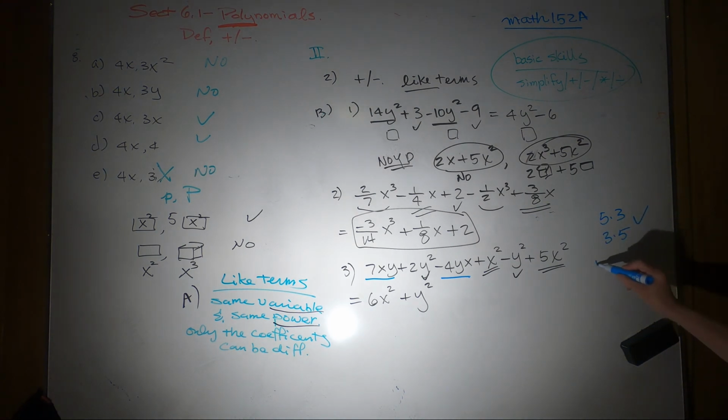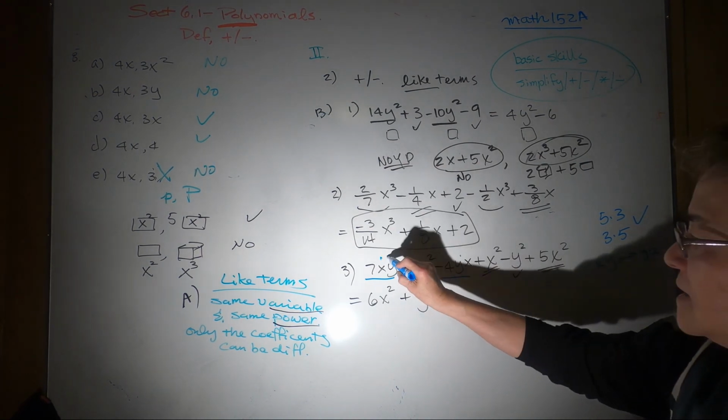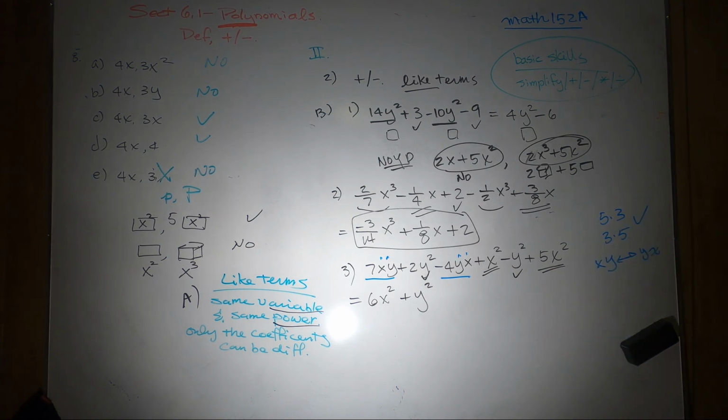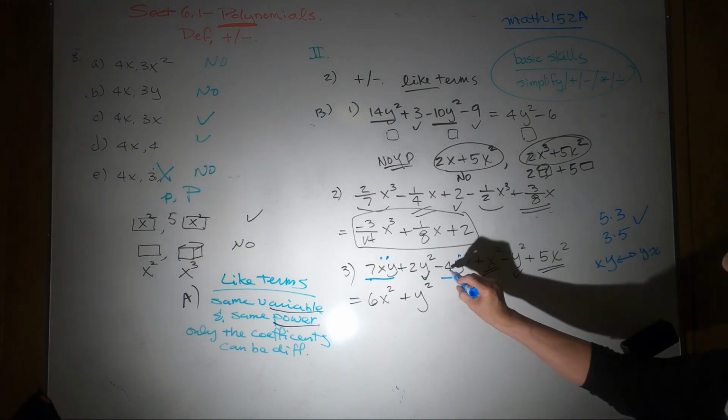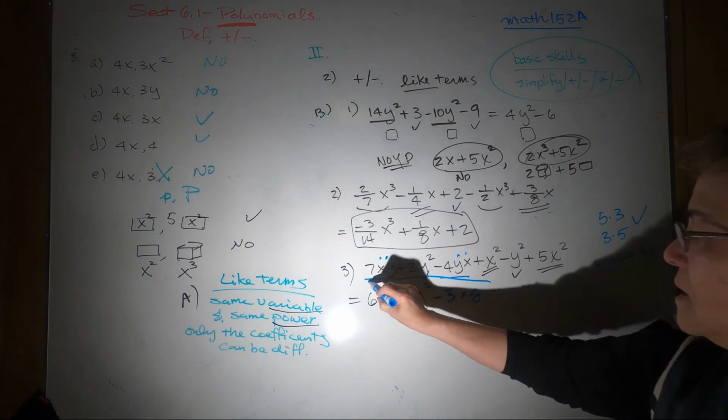Yes. So x times y is the same thing as y times x. Okay, so those two are the same. So usually we follow alphabetical order, so you write x before the y. So 7 minus 4 is 3. So you write 3xy.